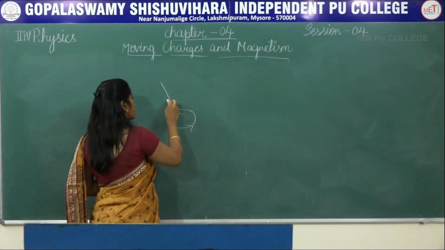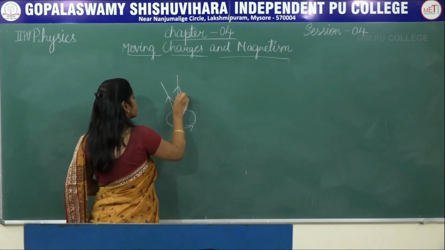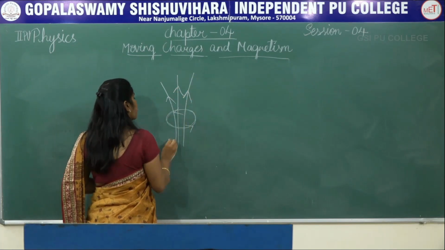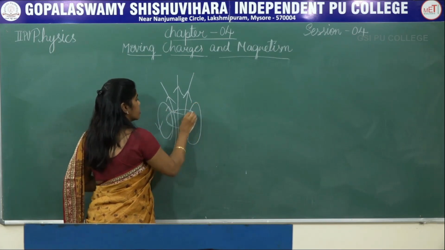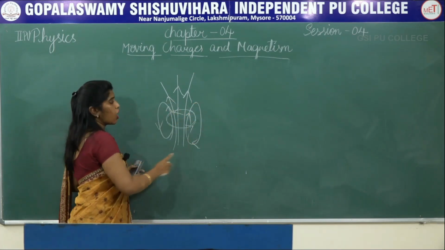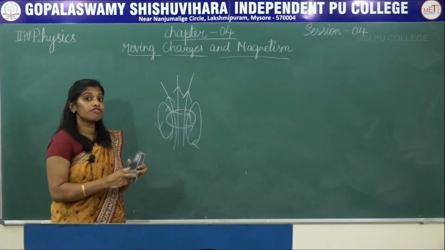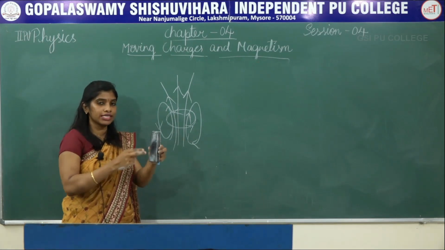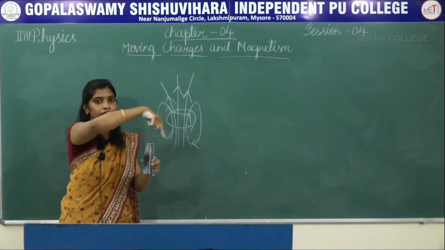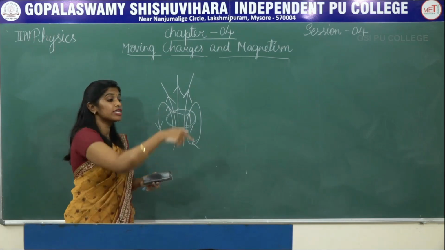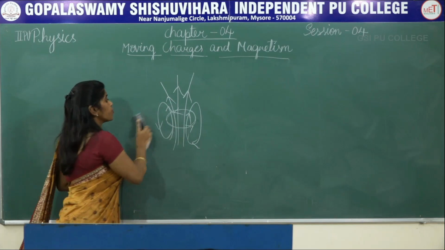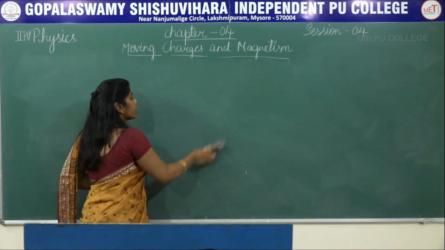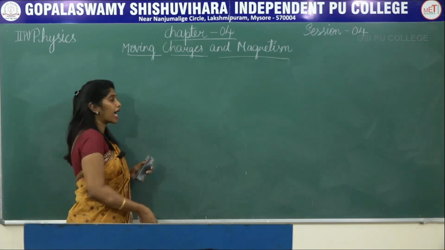The magnetic field will be in this direction. So this is how the magnetic field will be. So if the current carrying wire is linear, then the magnetic field is circular. If the current carrying wire itself is a circular loop, then the magnetic field will be linear. And a current carrying wire just acts like a magnet.